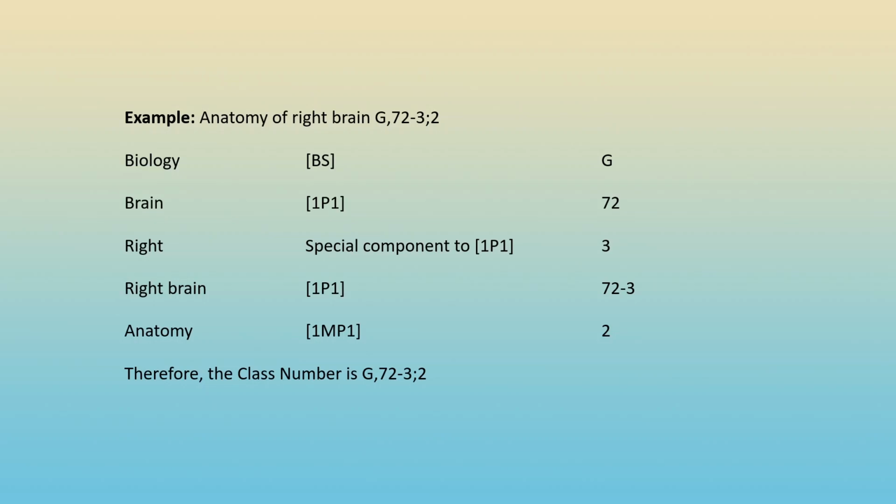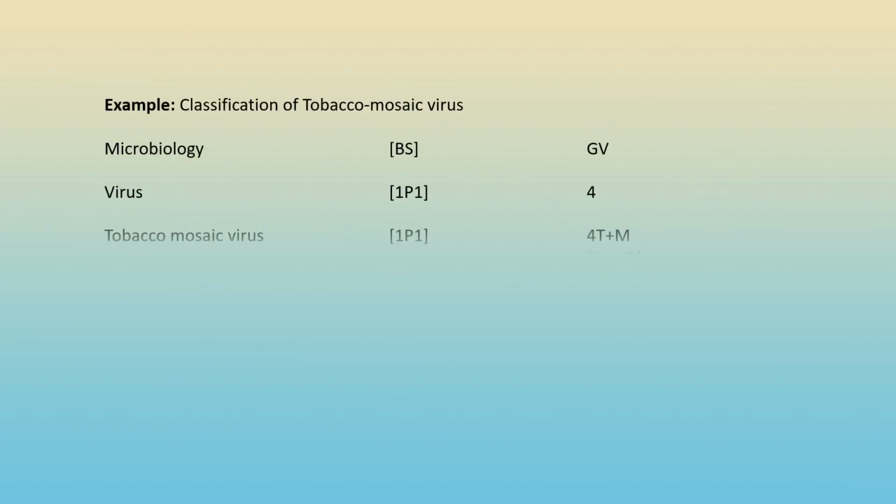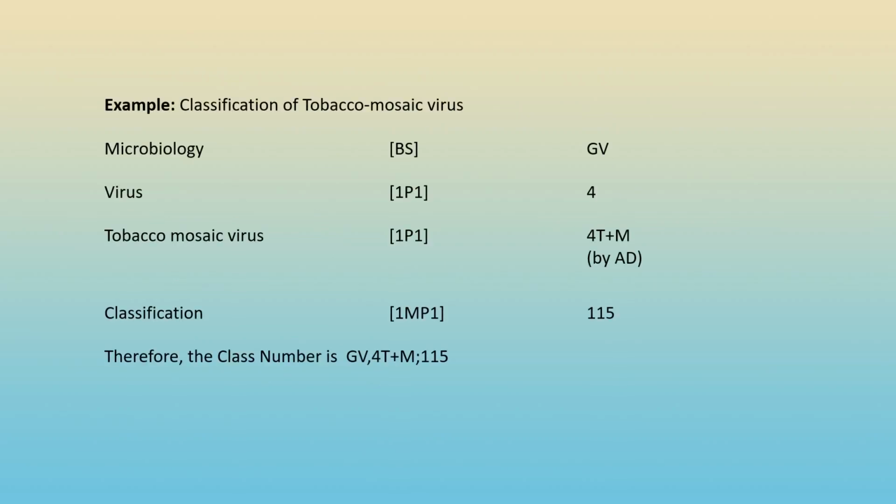So, right brain is denoted by the notation 7(2)-3 and anatomy we get from the 1MP1 matter property isolate and denoted by the notation 2. So, the class number is capital G, 7(2)-3 semicolon 2.